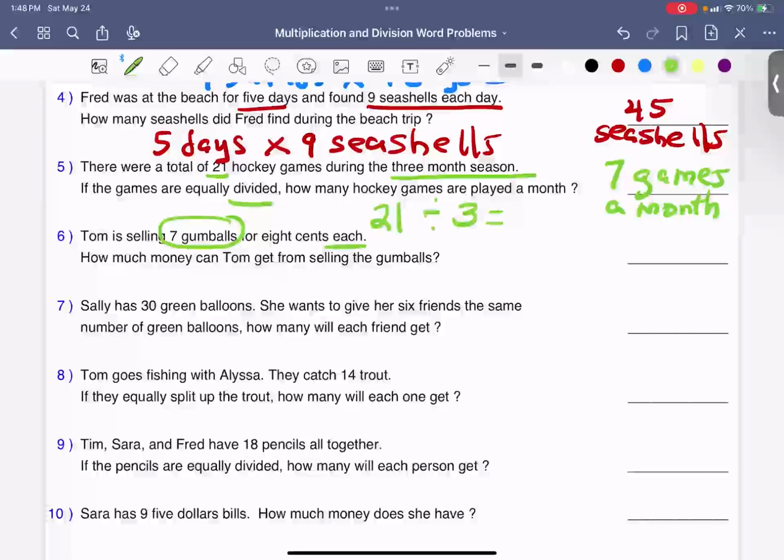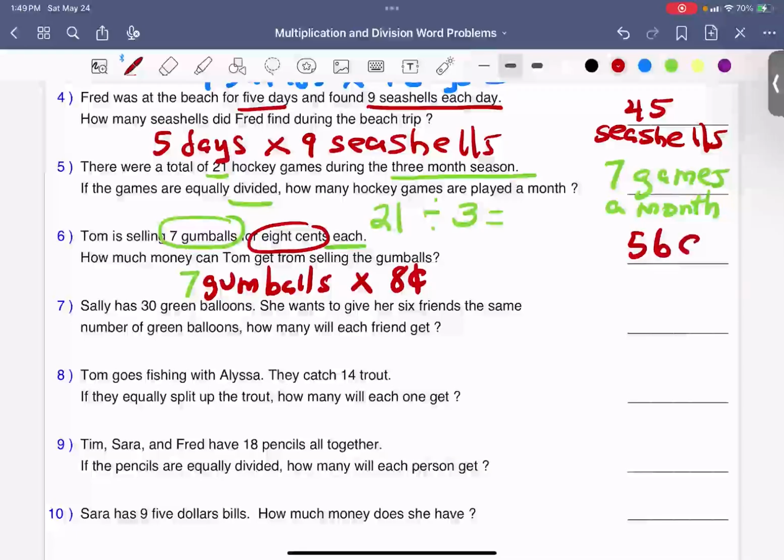So I have 7 gumballs, and they are 8 cents each. So 7 gumballs times 8 cents gives me 56 cents. Let's look at number 8.